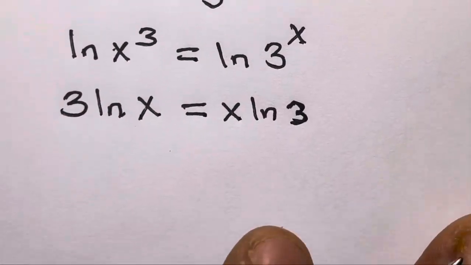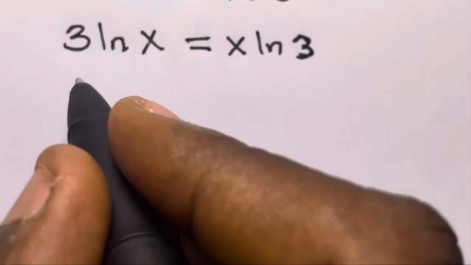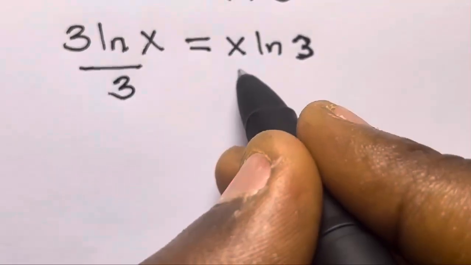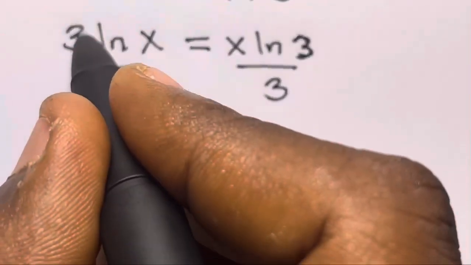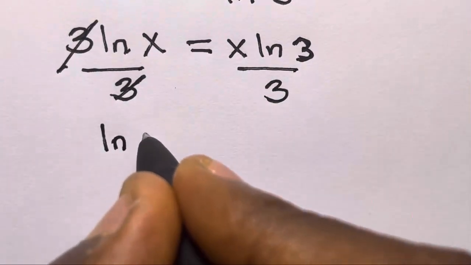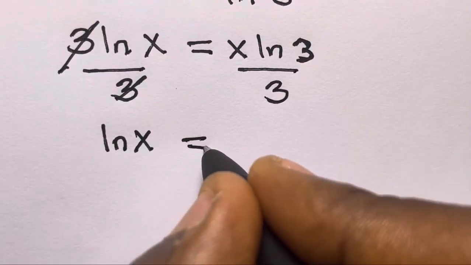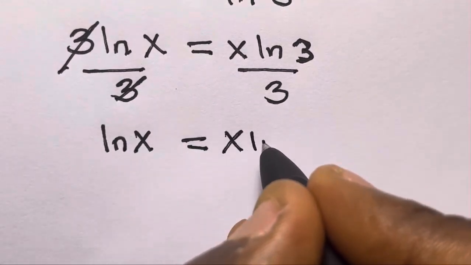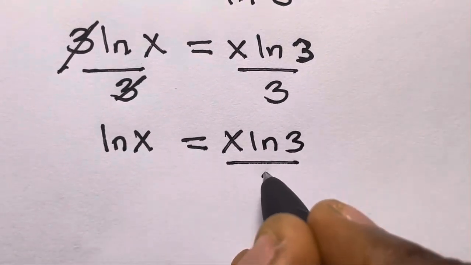If you divide both sides by 3, this will cancel out, so we have ln x equals x ln 3 divided by 3.